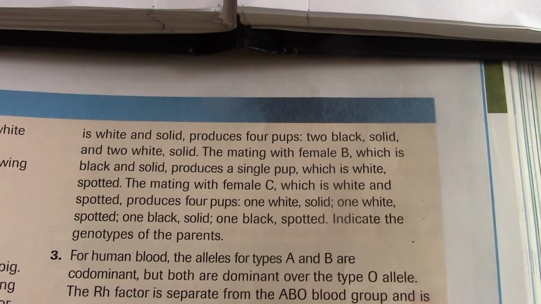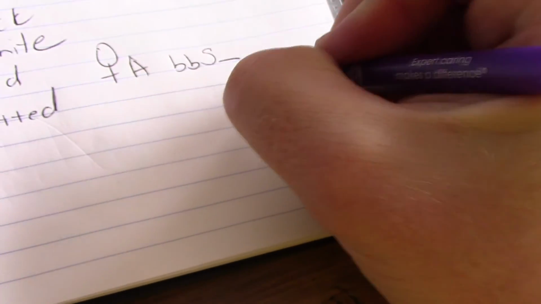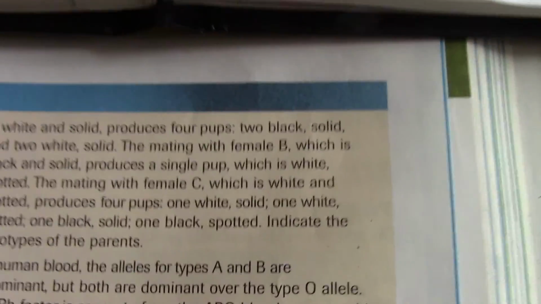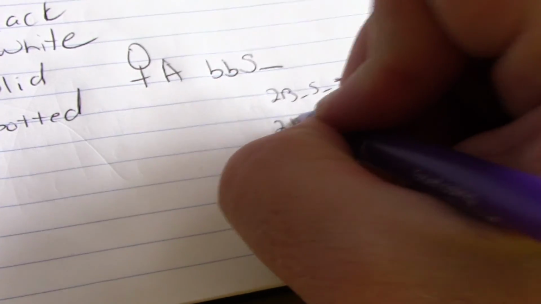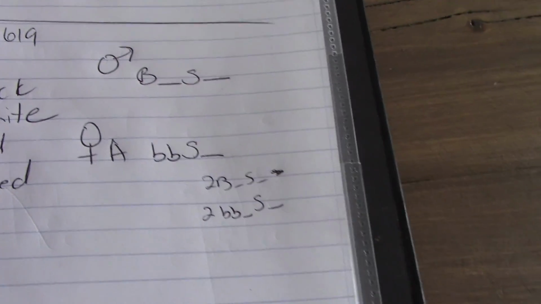Okay, so they produce 4 pups. So there's 2 black and solid pups, and then there's 2 that end up like this, white and solid. Okay. So here's the deal.